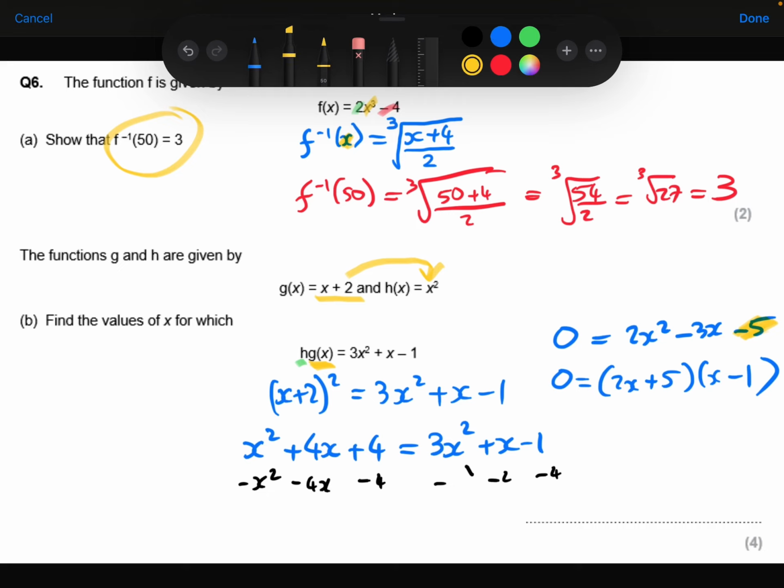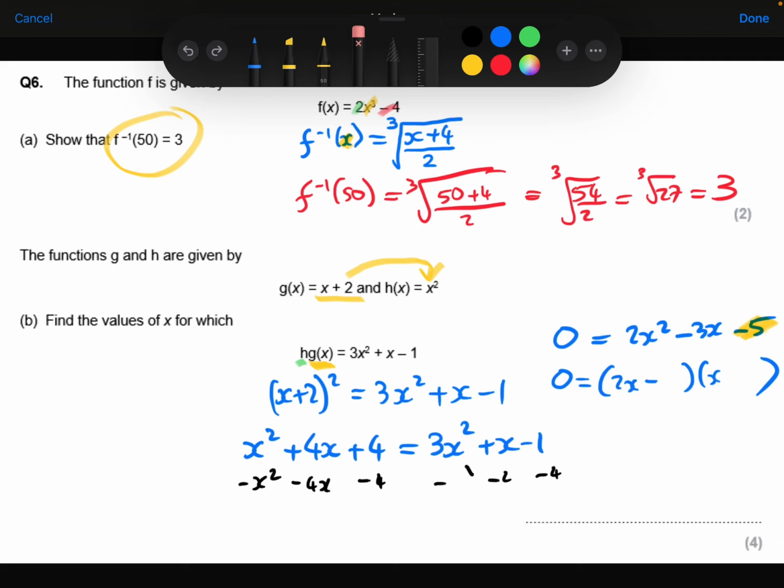The 2x times the minus 1 will be minus 2x, the 5 and the x would be a plus 5x, and the 5x and the minus 2x would make a plus 3x, not a minus 3x. So I've got that wrong. I've got that the wrong way around.